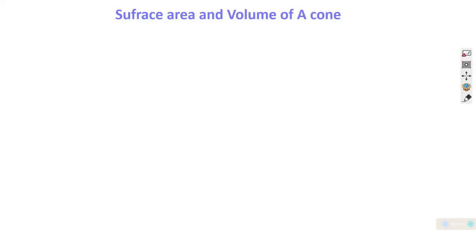So my dear students, you understood how the surface area, especially the curved surface area of a cone, can be found if you know the radius of the base as well as the slant height, with the formula pi r L for the curved surface and pi r into L plus r for the total surface area including the base of the cone.